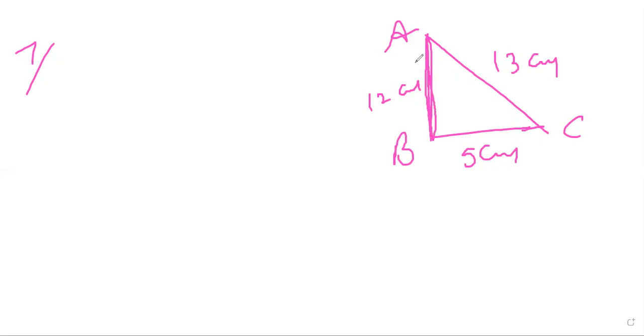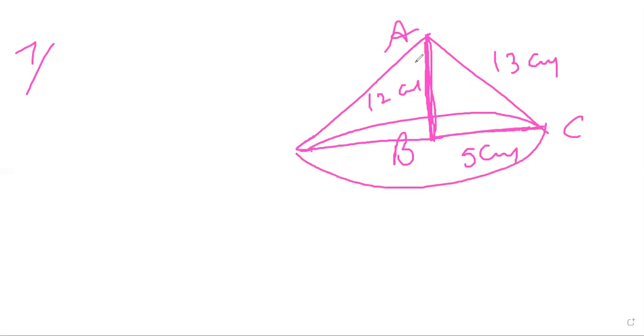When we will revolve it, we will get a cone. जैसे हम इसे रिवॉल्व करेंगे 360 डिग्री पे, we will get a cone, हमें कोन मिलेगा, where radius will be 5 centimeter, height will be 12 centimeter, and hypotenuse will be 13 centimeter.